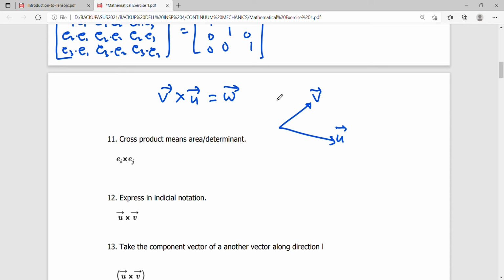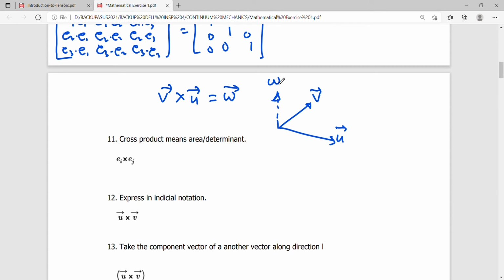And where's that w vector? The resulting vector is perpendicular to the plane on which the two vectors are oriented. If this is the plane of the vectors v and u, then w is perpendicular to it.